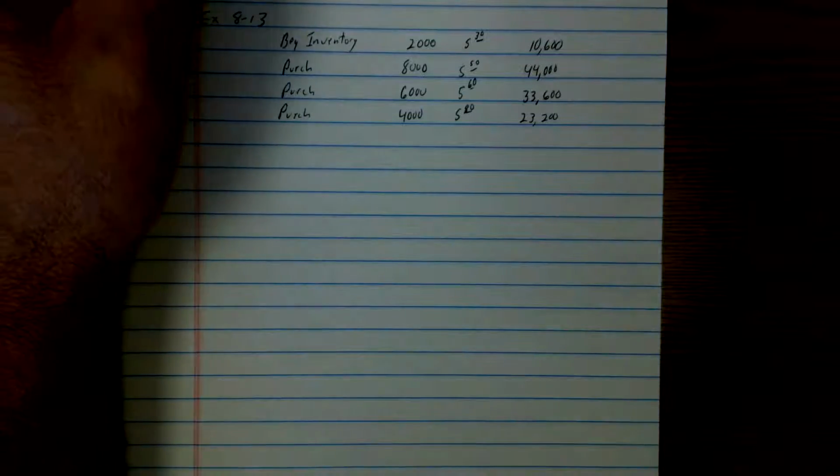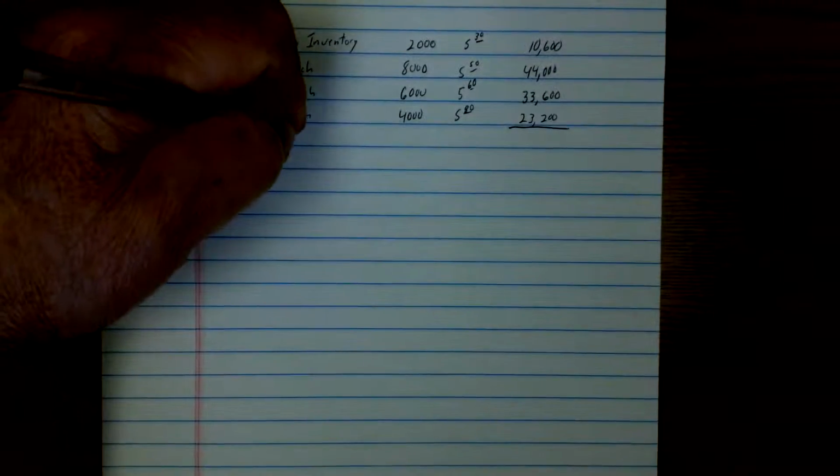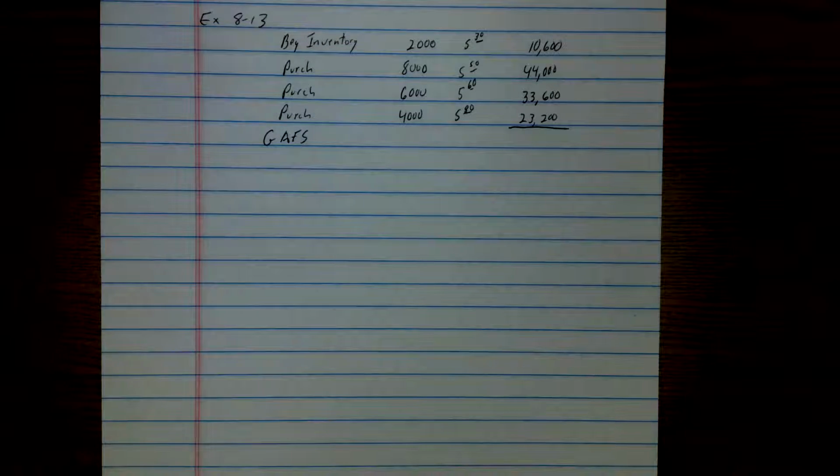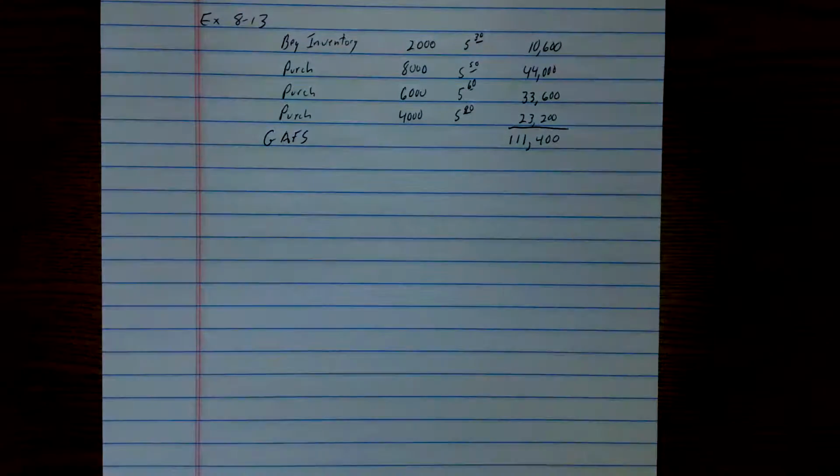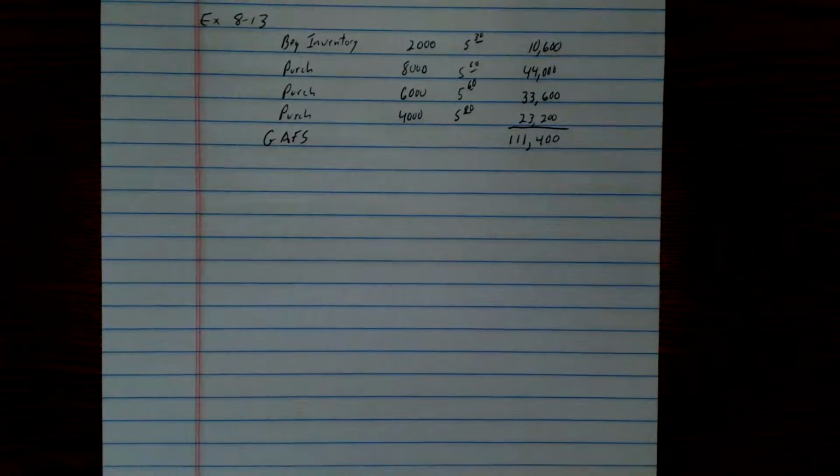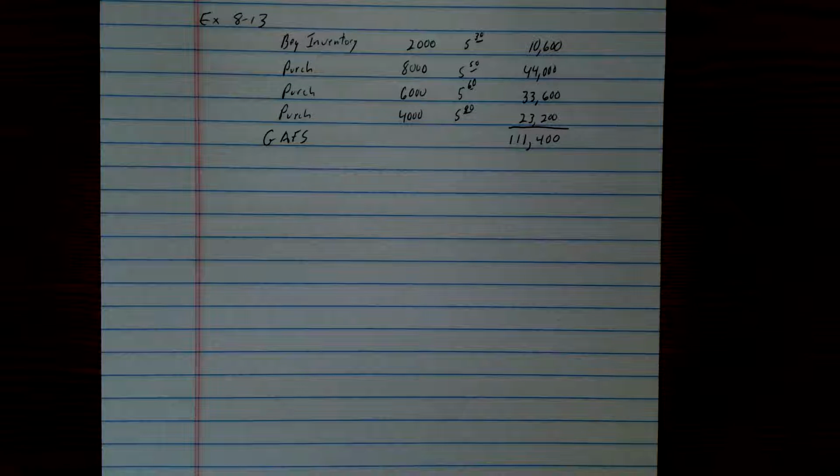That's $23,200. So we add that all up, and our total goods available for sale is going to be $111,400. Now we will use that goods available for sale in each of our inventory systems.